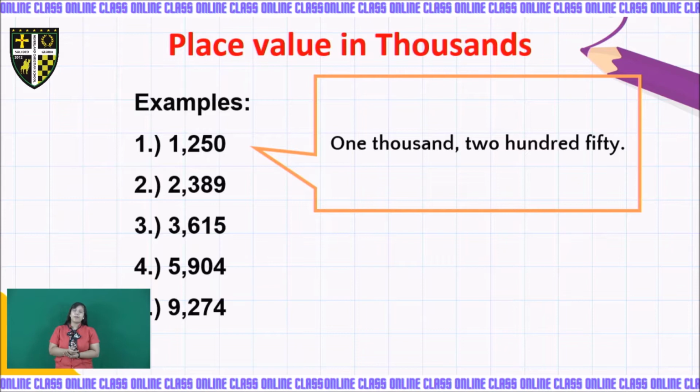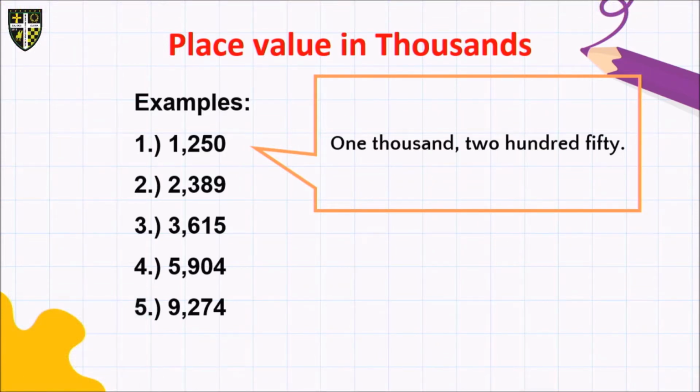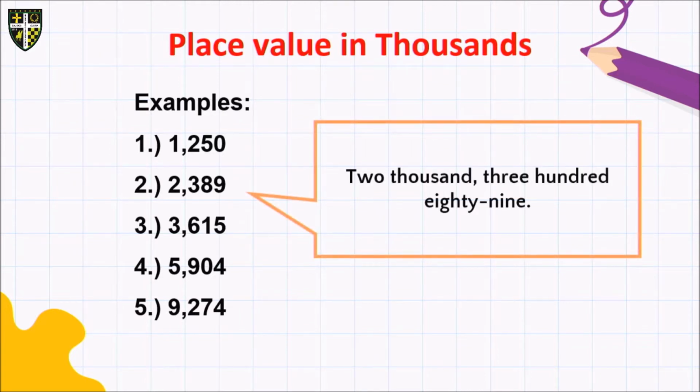In example number 1, the highest period is the thousand period, and then going to the lowest, which is the unit period. So 1,250. The next one is 2,389. So we will just spell them into words.